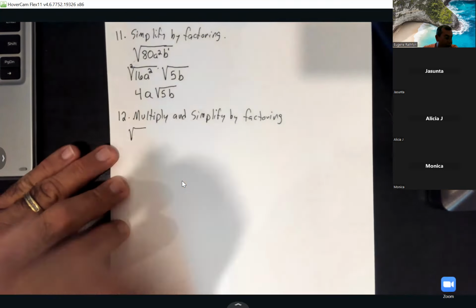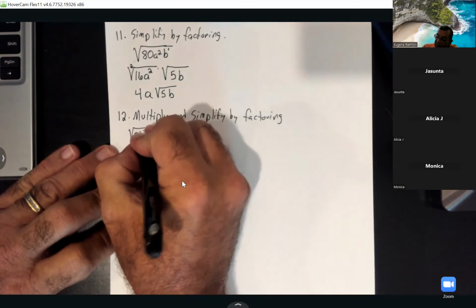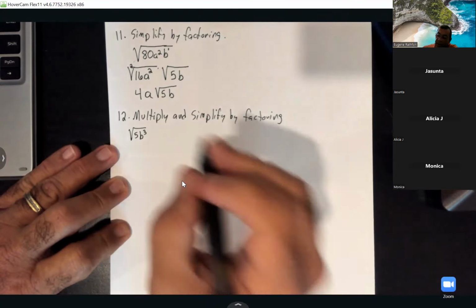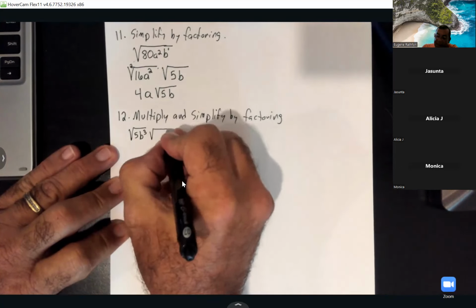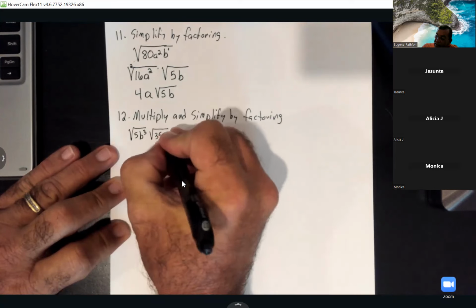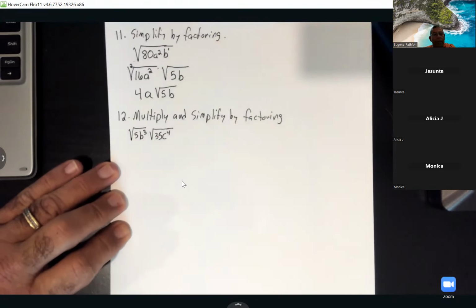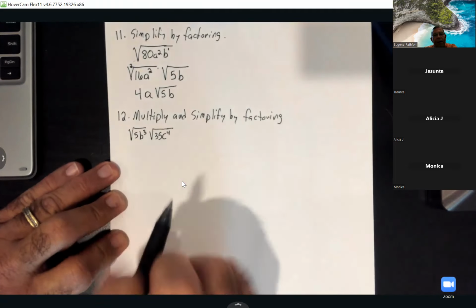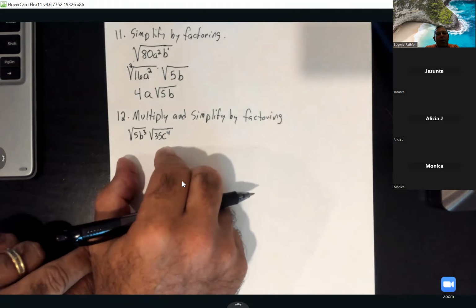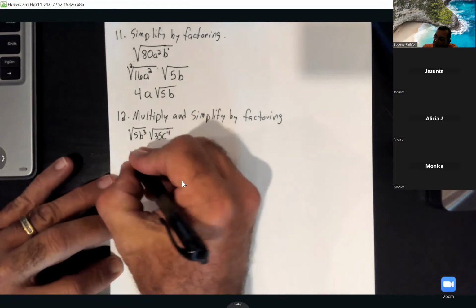So under my first radical, I have 5b to the third. That's getting multiplied by 35c to the fourth. So I'm going to multiply first, and then once I have my single radical, I will then try to do some simplifying to it, okay?